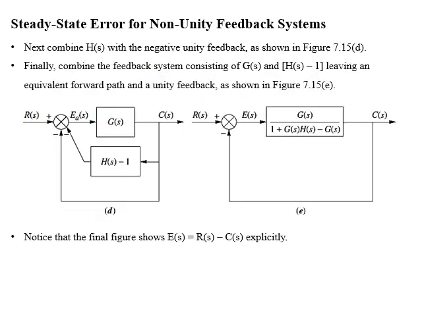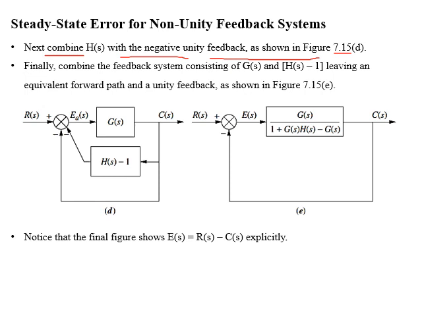Dear students, if you look at figure C in the previous slide, the feedback system H of S and the both branches were in parallel. So we will add two branches, H of S and the branch with negative gain.